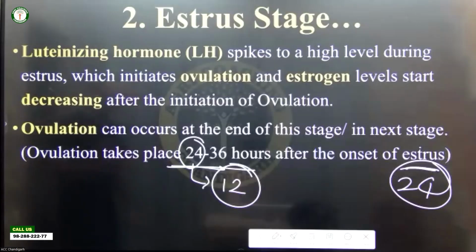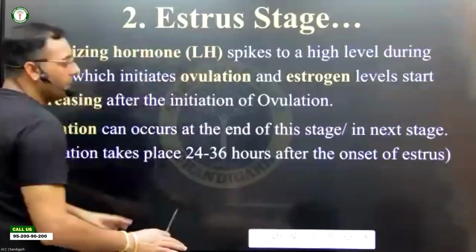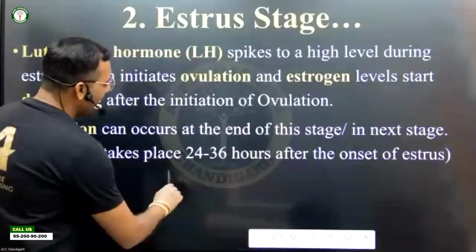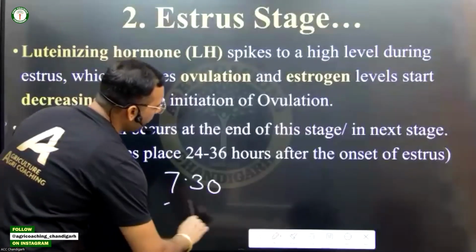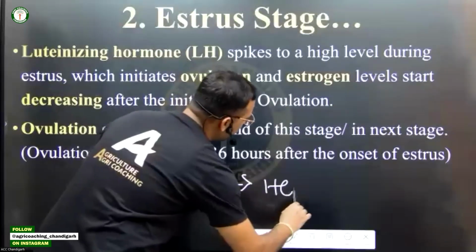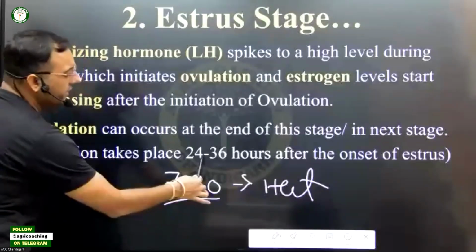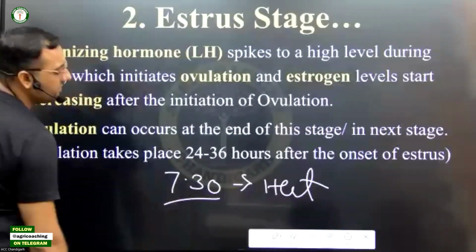Can you relate this statement? Suppose for example, right now it is 7:30. At 7:30, if the cow is coming in heat, estrus is starting. Now the statement is saying that ovulation will happen after 24 to 36 hours of 7:30.